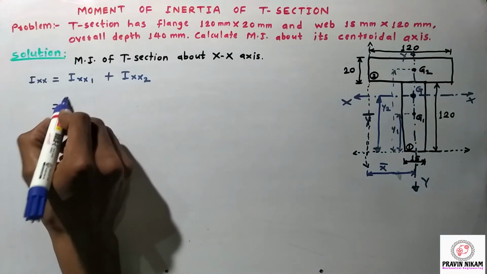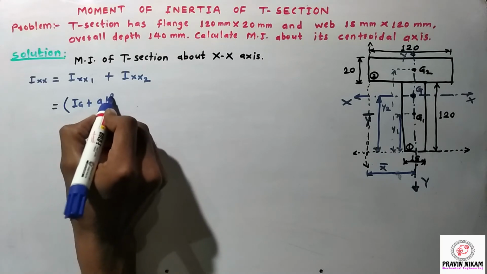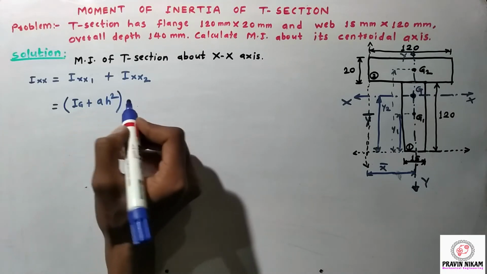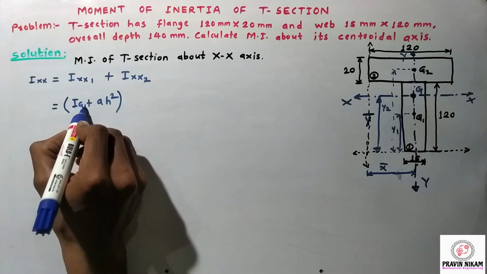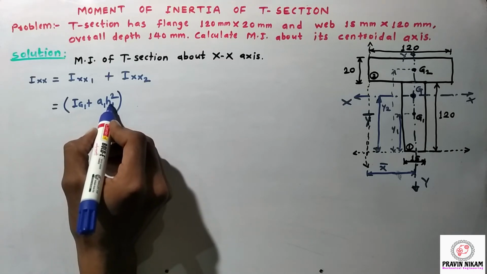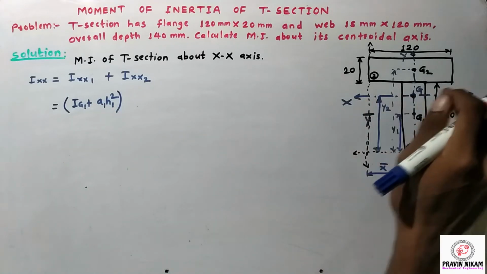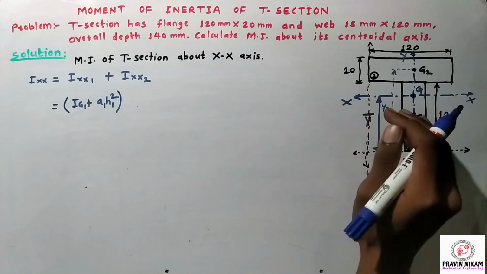Now for section 1, it is Ig plus A H square, so Ig1 plus A1 H1 square. Now we are finding the moment of inertia about the x-axis, the horizontal axis.